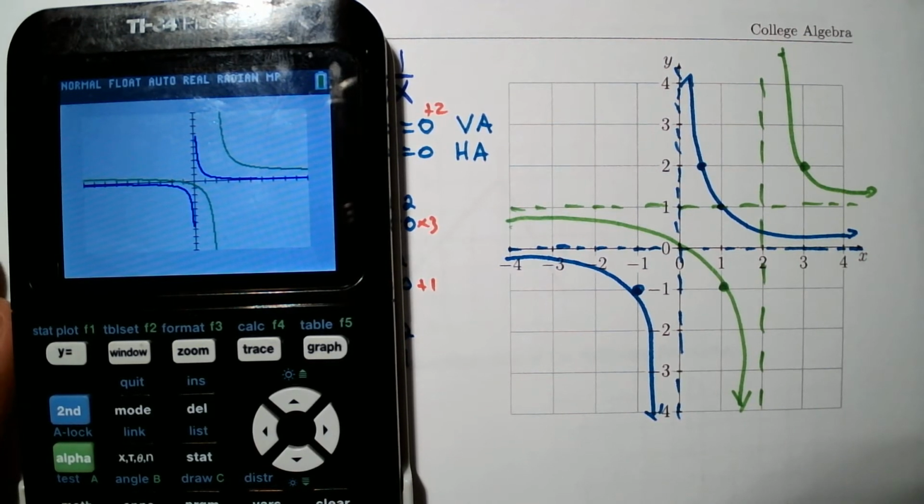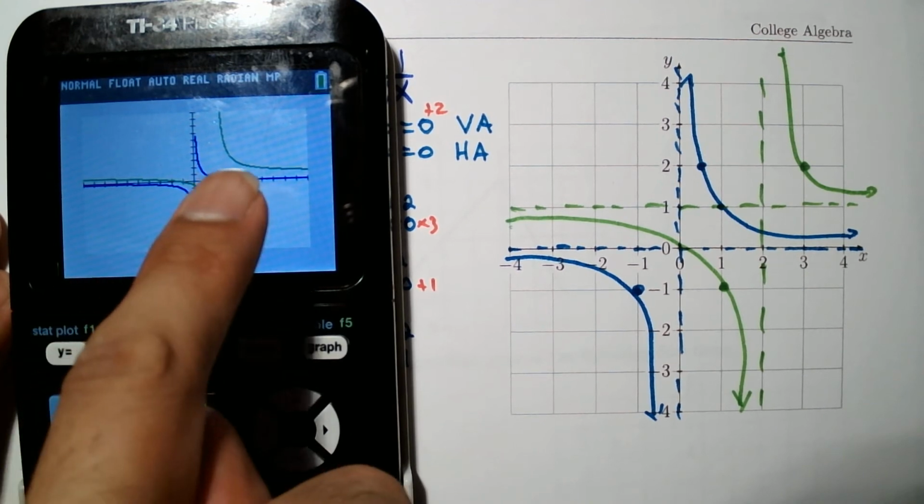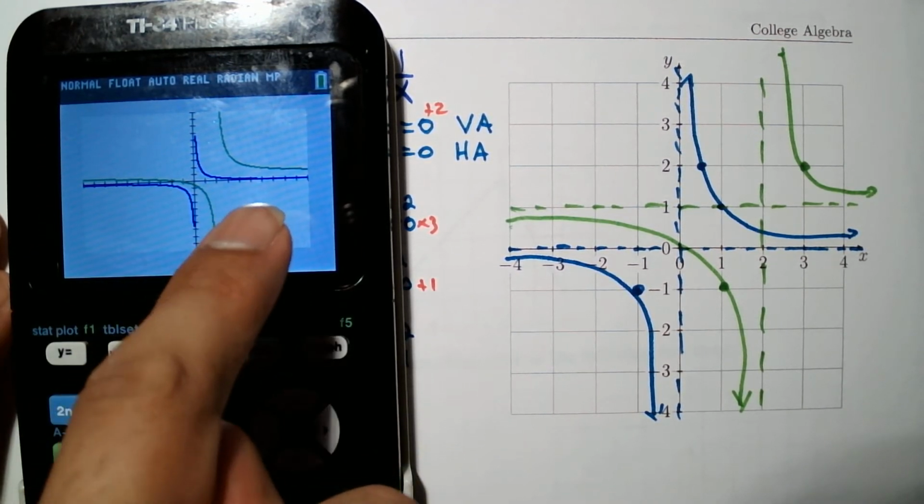So what's the problem here? Yes, the calculator is a really smart device. However, it's not that smart, and the reason for that is because the graphing calculator is not going to draw these horizontal and vertical asymptotes for you.